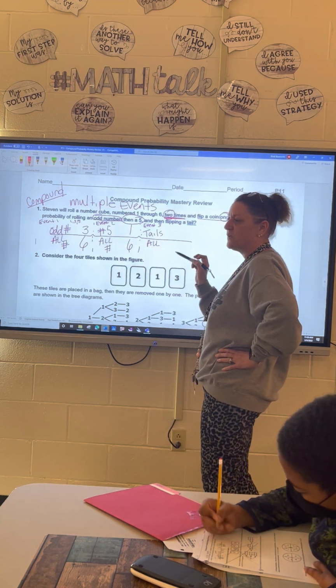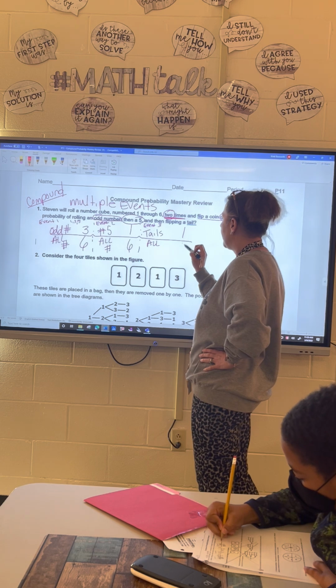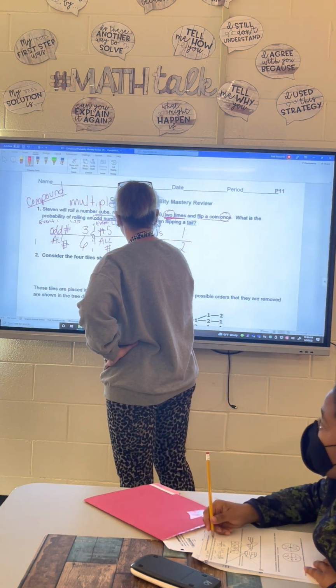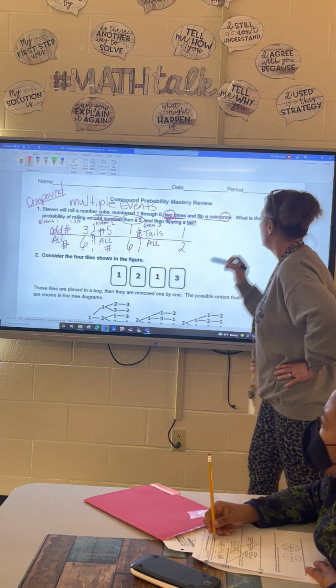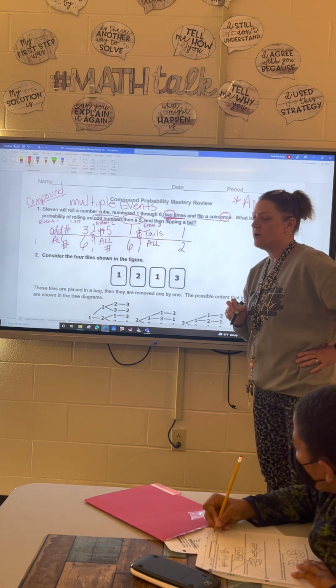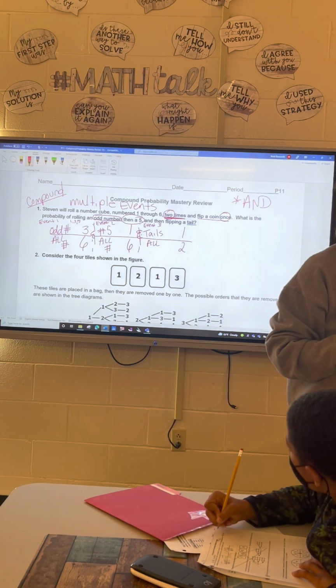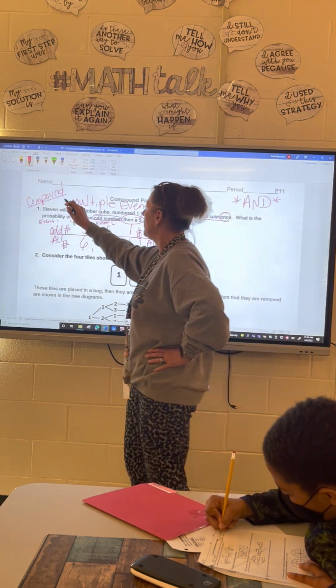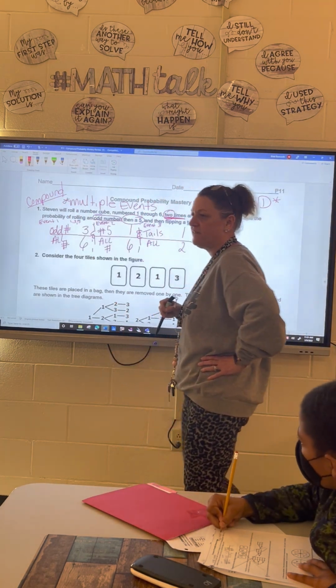And getting tails is what? 1 out of 2. So I'm doing this, and this, and this. The word "and" is going to be a trigger to know you have multiple events. The word "and" is going to be your red flag for multiple events.